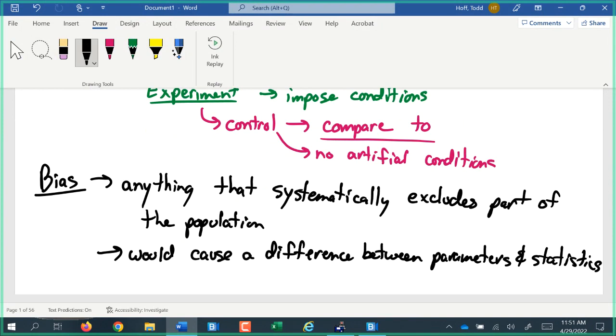So this is often in the way that we select our sample. If I randomly choose phone numbers out of a phone book, well, there's a systematic bias there because people who don't have phones or people who have phone numbers that are not listed in the phone book can't be chosen. So I have systematically excluded that group of voters from my sample.